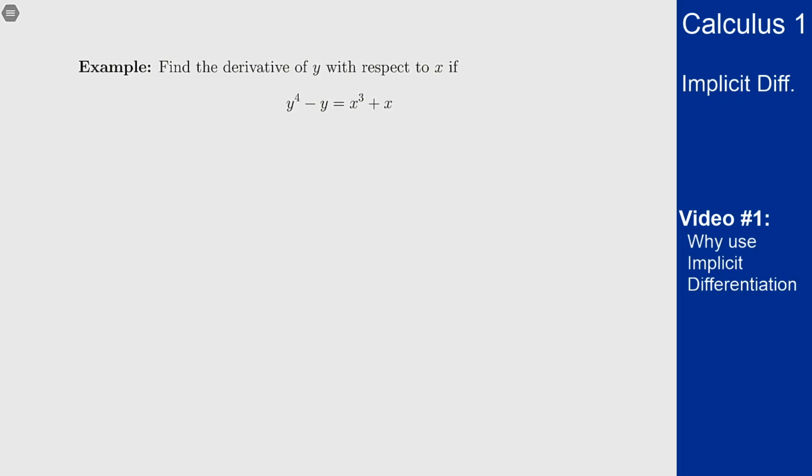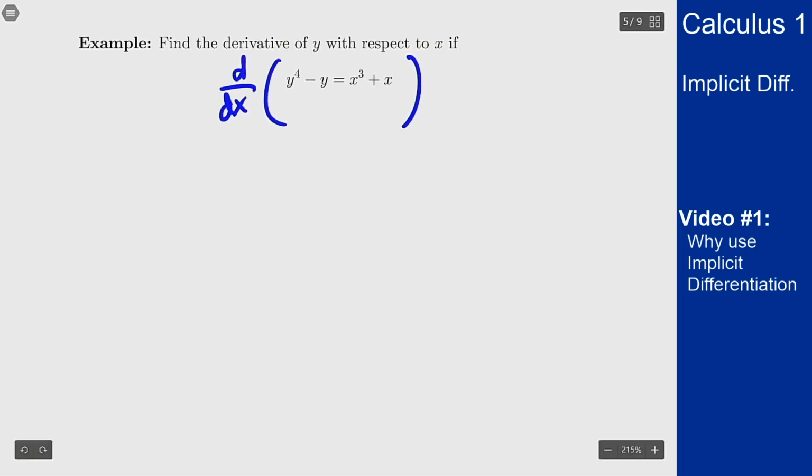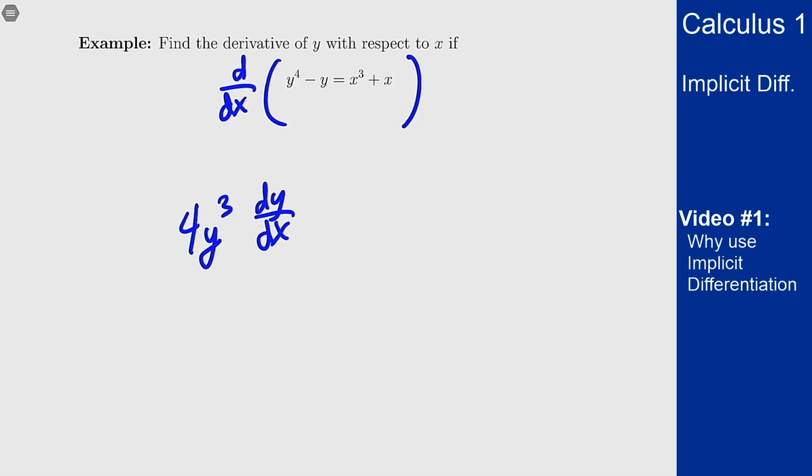So what I want to do here is just take the derivative of the entire expression. What does that give me? Well, the y to the fourth is going to become a 4y cubed times dy/dx by the chain rule. Something to the fourth becomes 4 that something cubed times dy/dx. The minus y becomes a minus dy/dx.